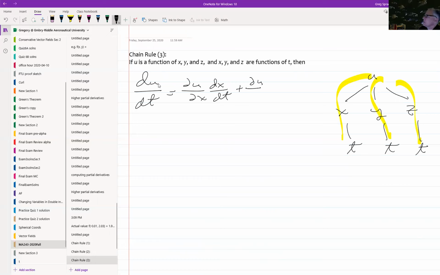That gives me del u del x dx dt plus del u del y dy dt plus del u del z dz dt. And again, this looks weird, because on the right-hand side, we have both partial derivatives and regular derivatives. That's because u is a function of 3 variables, but x, y, and z are each a function of only 1 variable.